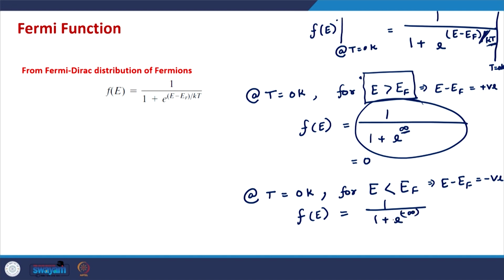This exponent here will tend to minus infinity, which will essentially make this 0. So, this will be 1 by 1 equal to 1.